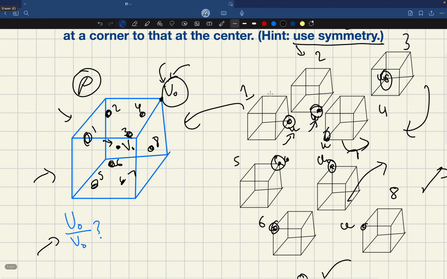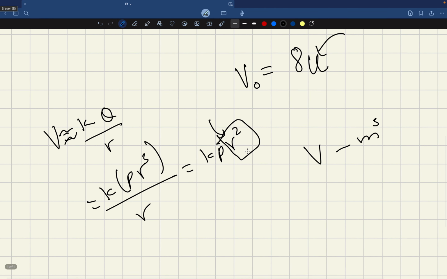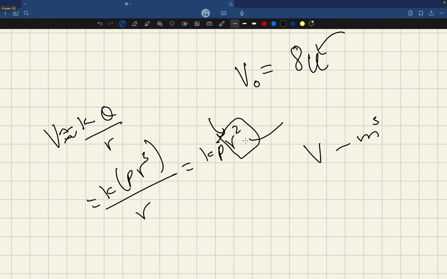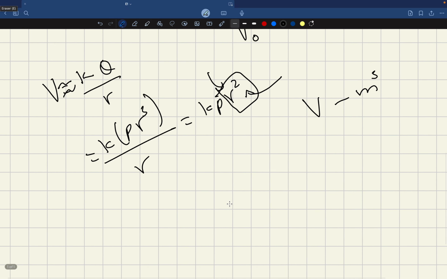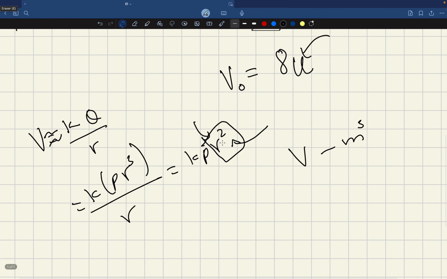Now the reason this is important here is because when we divided this cube into 8 pieces, each of these pieces, let's say this side length is a, this side of the cube is a, each of these pieces is going to have side length a over 2. All of them are going to be a over 2 because that's the way we divided our cube. But the potential is proportional to r squared. So when we halve the side length, the potential quarters.